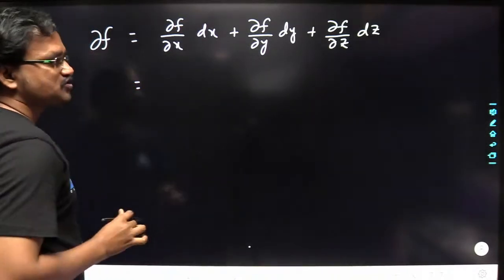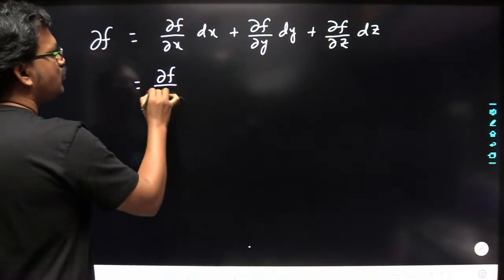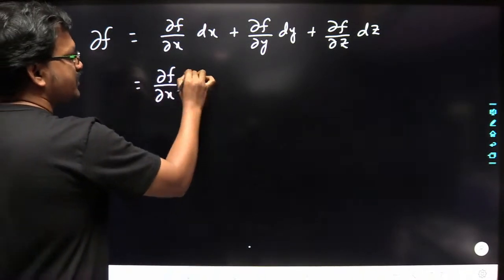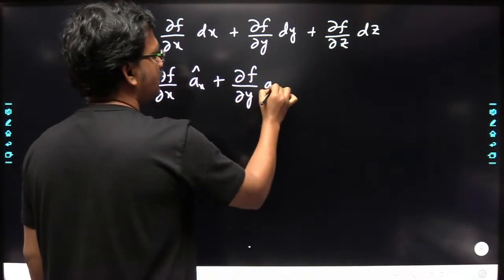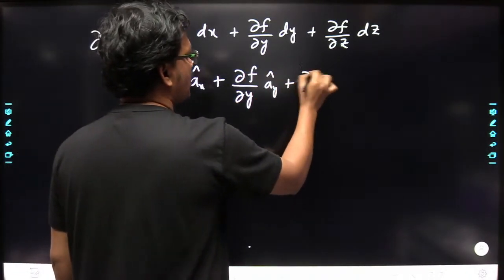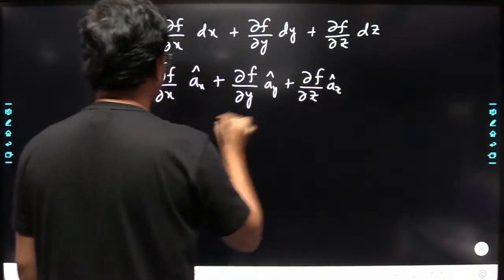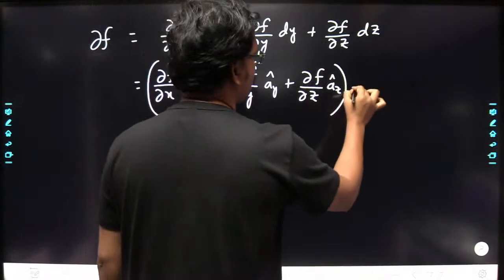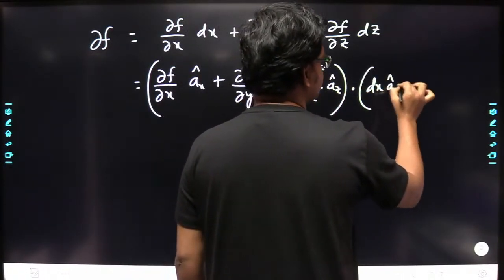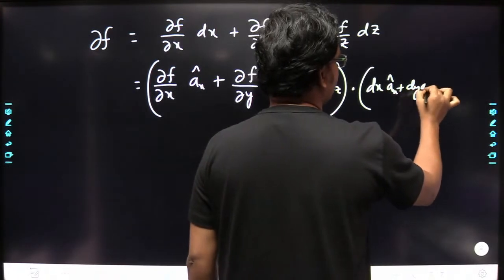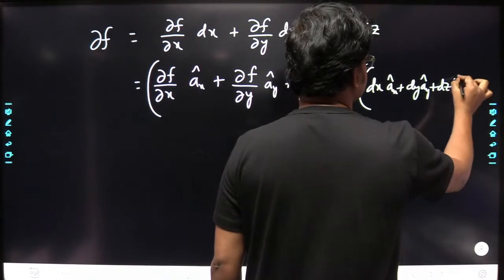I can represent it as dou f by dou x into ax cap plus dou f by dou y into ay cap plus dou f by dou z into az cap, dot dx ax cap plus dy ay cap plus dz az cap. Can I represent it in this manner?